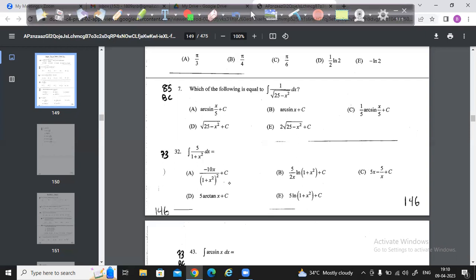Good. So the answer is D for Delhi. Perfect. So 5 tan inverse of x, D for Delhi.